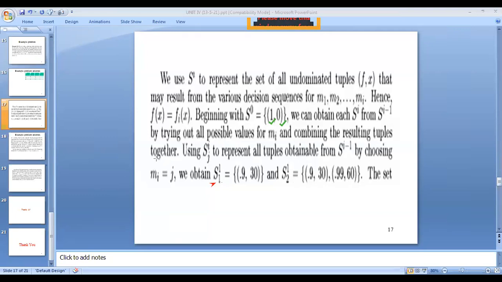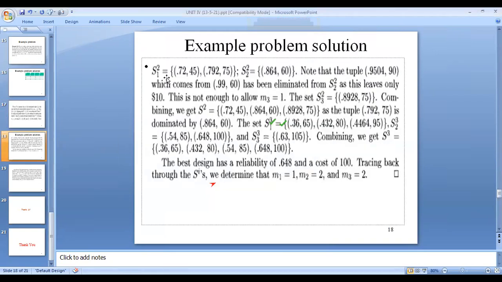So the set S_1^2: the 2 indicates the second device D2, and the 1 below indicates the copy, a single copy of D2, that is (0.72, 45), (0.792, 75). S_2^2 is (0.864, 60).